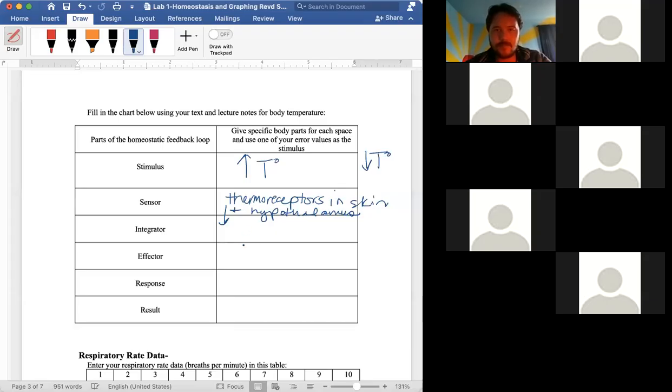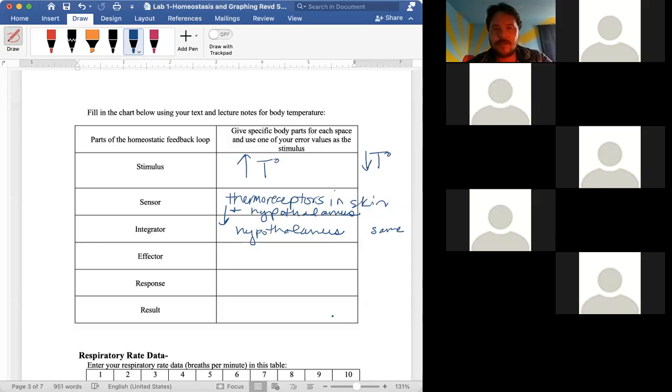And then Rena, what would be the integrator? I have hypothalamus. Perfect. The hypothalamus is an integrator, and that's not going to change. That's the same, right? Because the pathway is usually the same. There might be a little bit of a difference, but not with much of it, right?